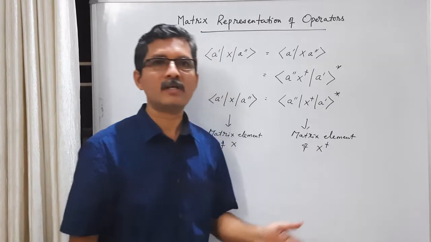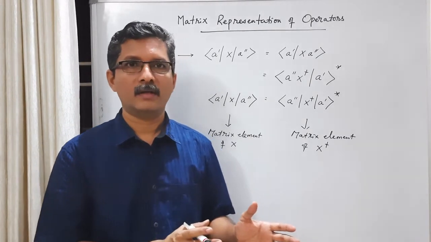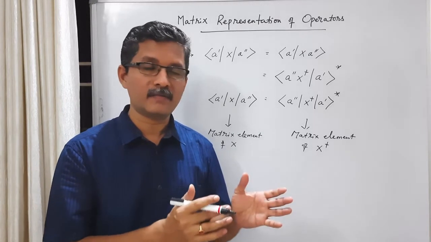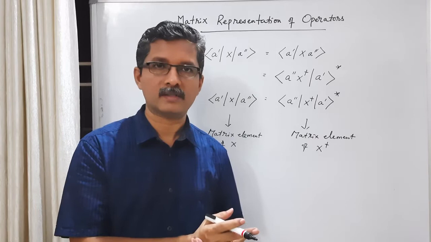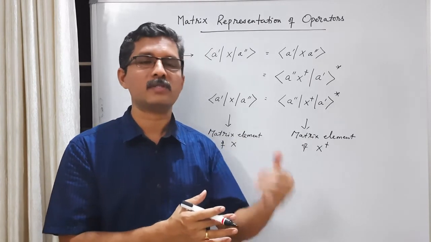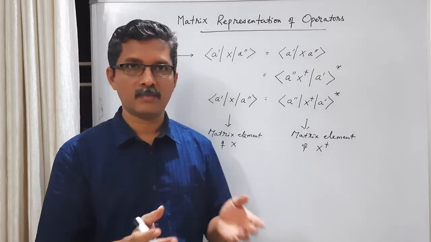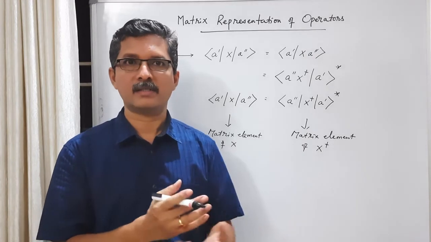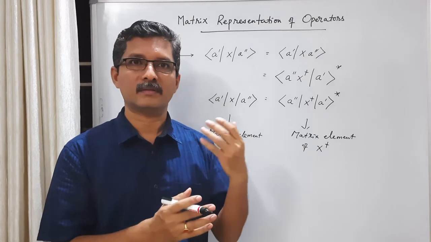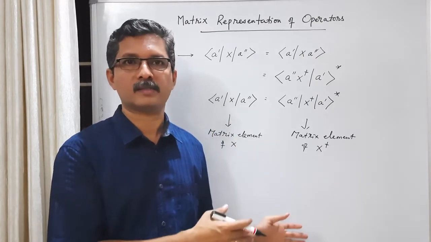So taking the Hermitian adjoint of an operator means that when you take the matrix representation of the operator, you have to take the transpose and complex conjugate. I think when I introduced Hermitian adjoint, I automatically said adjoint means transpose and complex conjugate. I was speaking in advance, in anticipation of matrix representation.